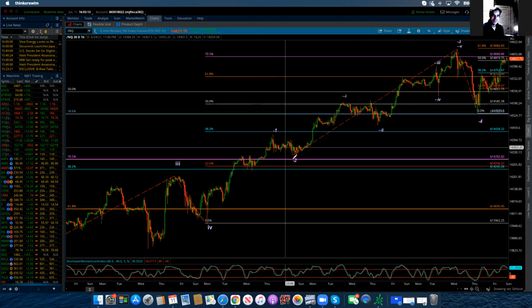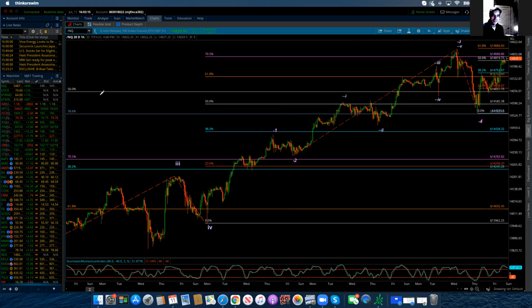Yes, so this was sub-minute wave 5. Then I'm going to put the next one up for the minute wave 5. And those are like midpoint on the graph in terms of price, so that you can see these are the sub-minute wave 5. These are the minute wave 5.